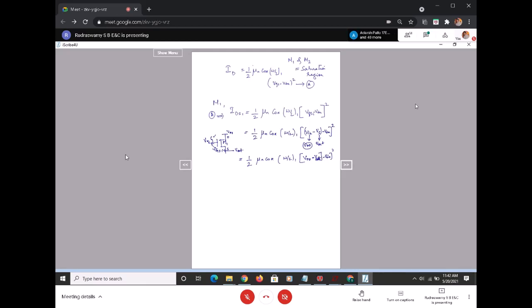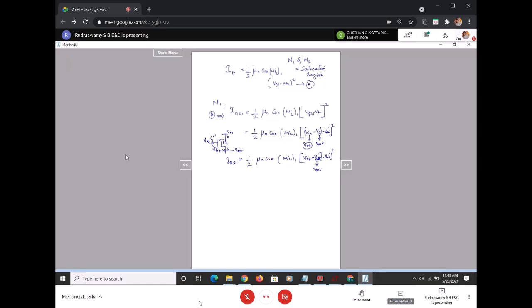Why are we changing V in to VDD? Because V in is the DC biasing voltage, and the maximum we apply is 5. Hence the source to drain current of the M1 transistor is half times mu n Cox W by L into (VDD minus V out minus VTH) square.